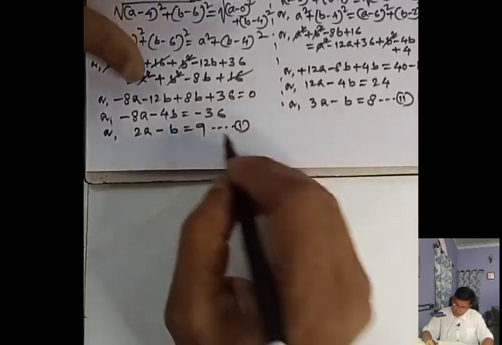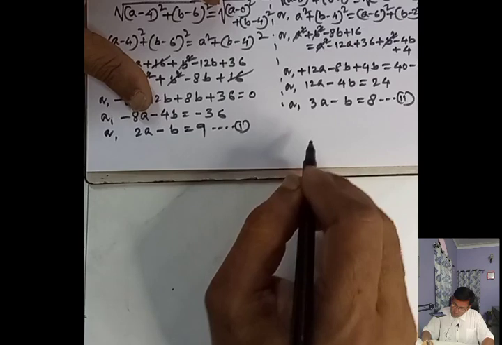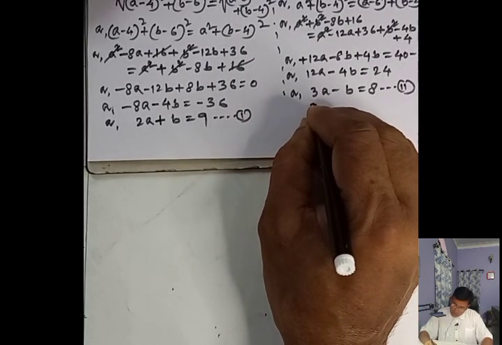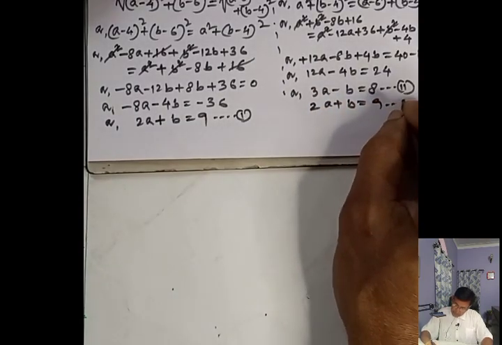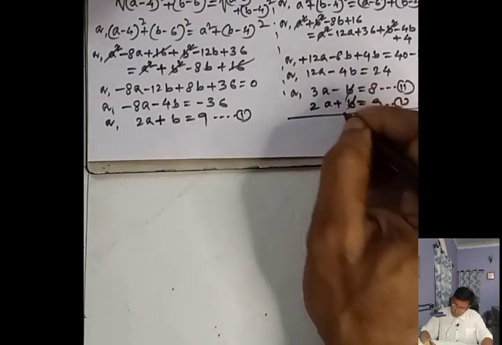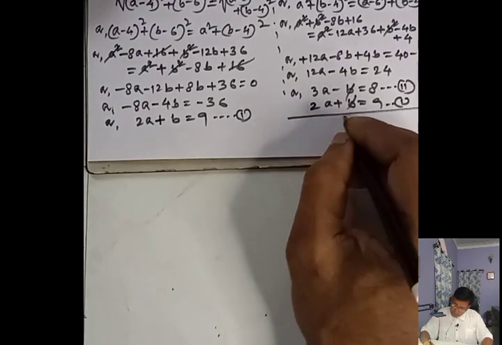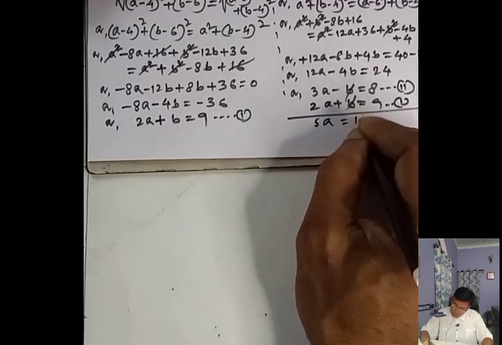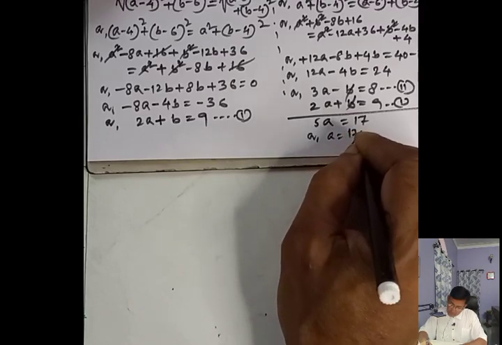So solving equation number 1 and 2, we will get the values of a and b. Let us write here 2a plus b is equal to 9. b cancels. 5a is equal to 17, or a is equal to 17 by 5.